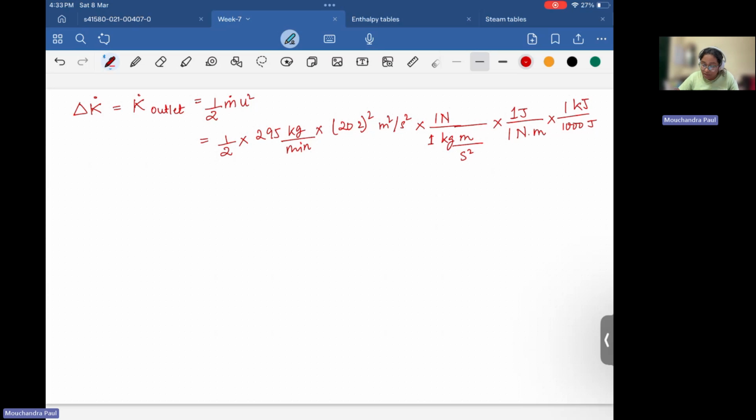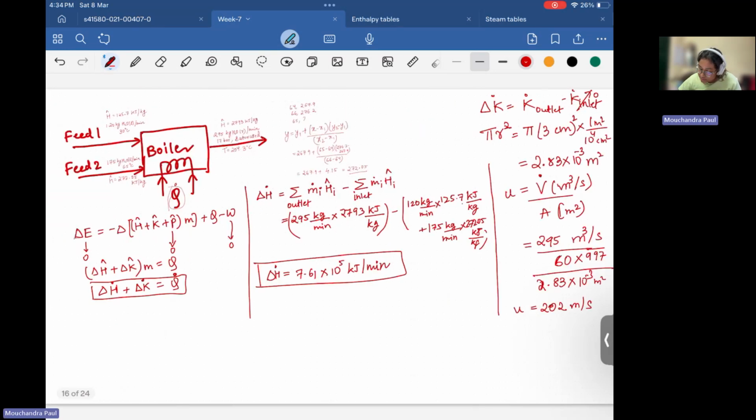So with this, we'll be able to calculate the kinetic energy in kilojoule per minute. So the final value that you will get will be 6.02 × 10 to the power 3 kilojoule per minute. Now if you just add these two enthalpy and kinetic energy values, you will get the value of Q.